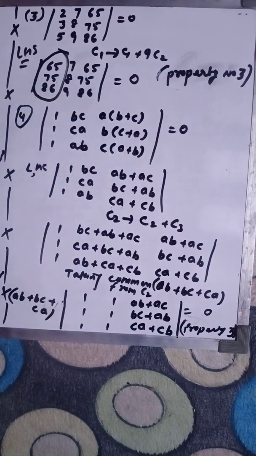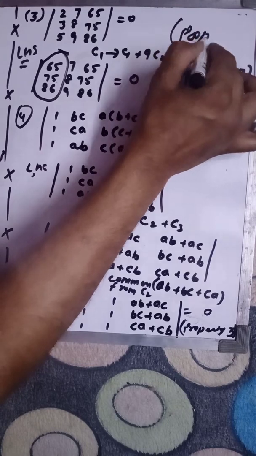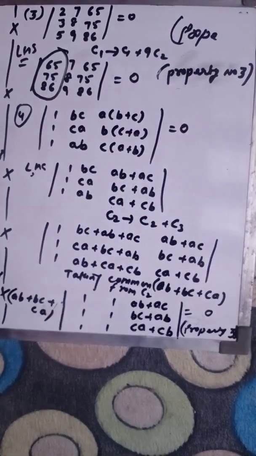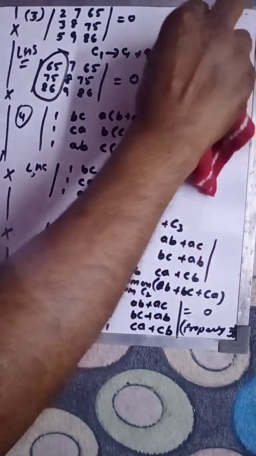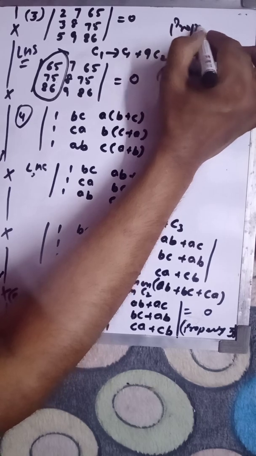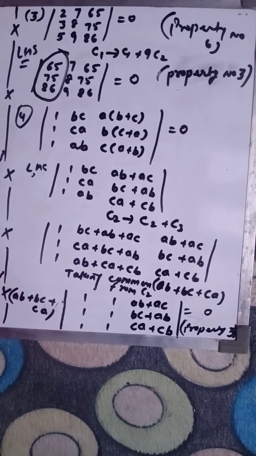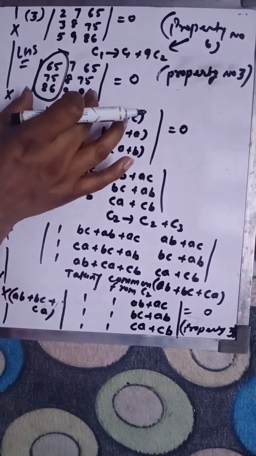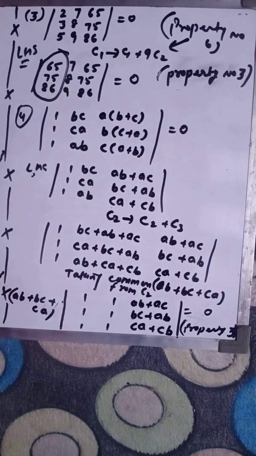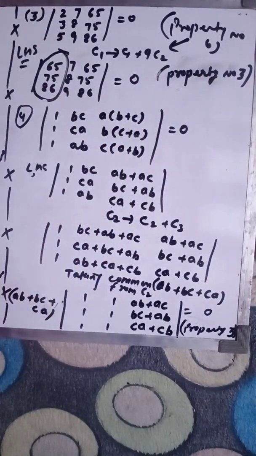This is property number 6. Here these two are identical, so your answer will be 0, since if two columns are identical, that is property number 3, then you get 0. So this is the solution of question number 3.